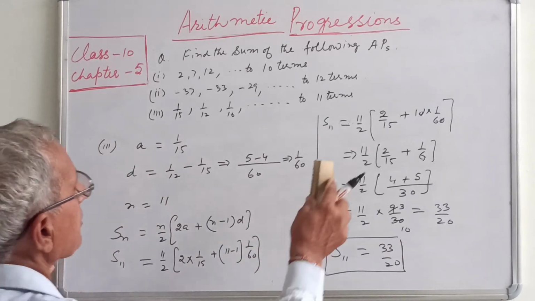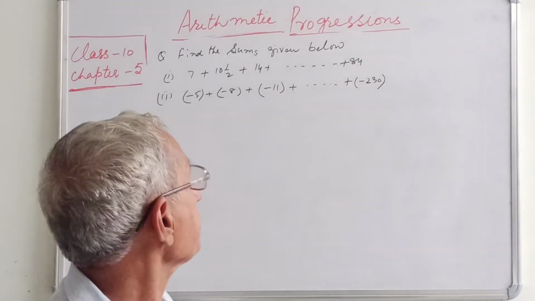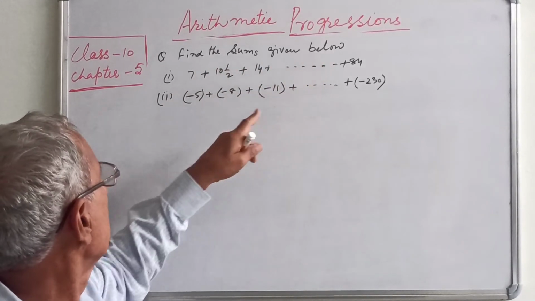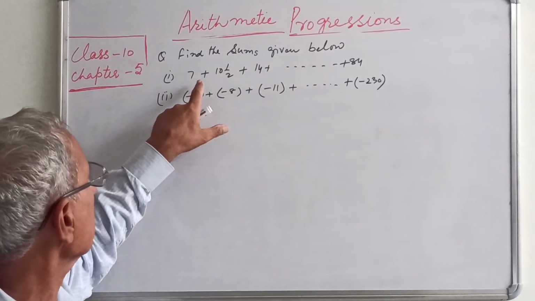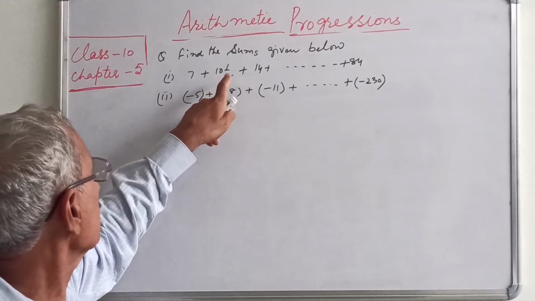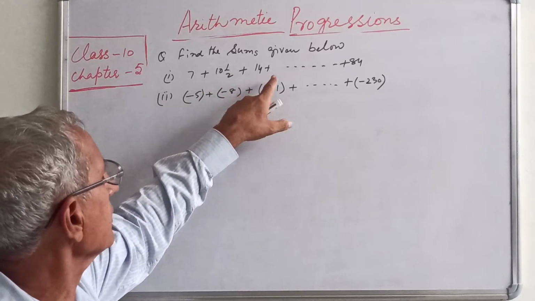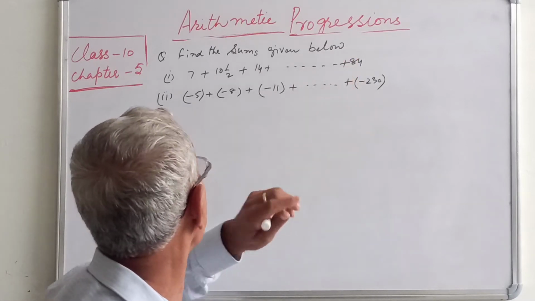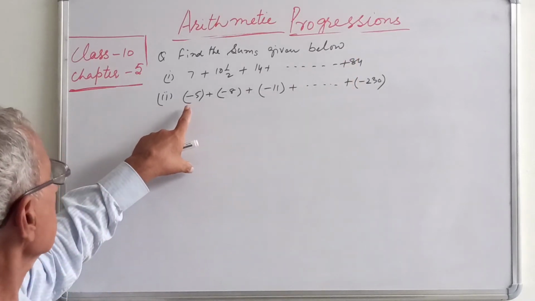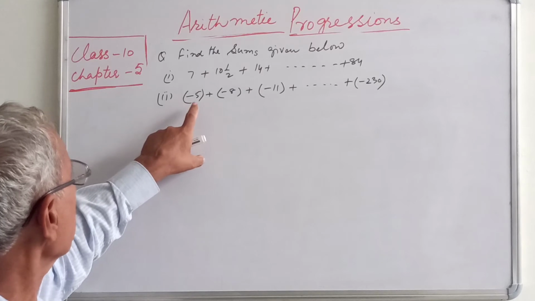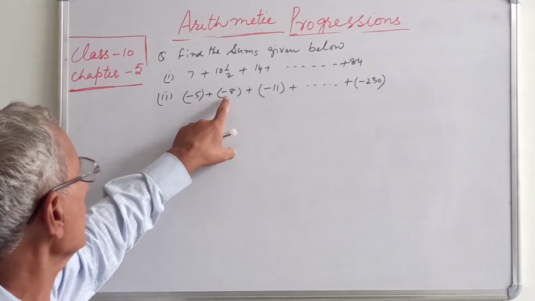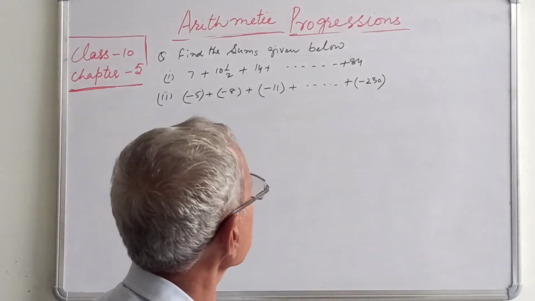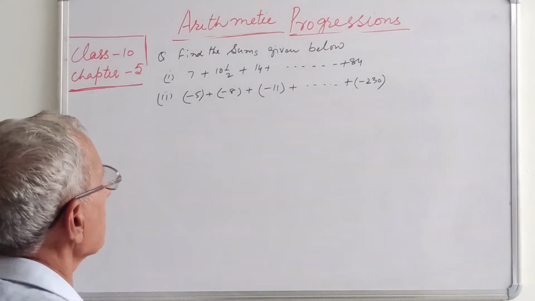So next question. Next question is find the sums given below. The first part is 7 plus 10 and 1 by 2 plus 14 plus dash dash dash, and the last term is 84. And the second part is minus 5 plus minus 8 plus minus 11 plus dash dash dash, the last term is minus 230.